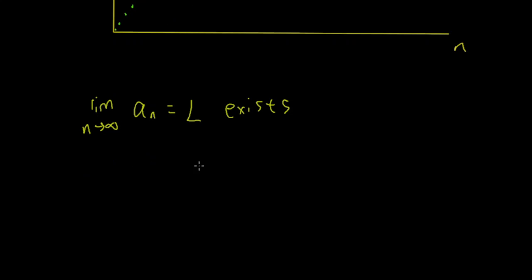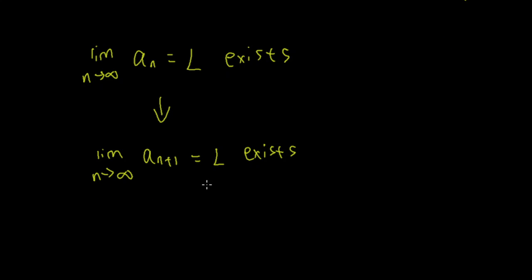In that case, that also means that limit as n approaches infinity of a sub n plus 1 is also equal to L, right? That also exists, it's the same sequence. If when n approaches infinity, any term of this sequence is approaching the value L, then the next term of that sequence would also be approaching L. Okay, so with this, we can find the limit of the sequence.